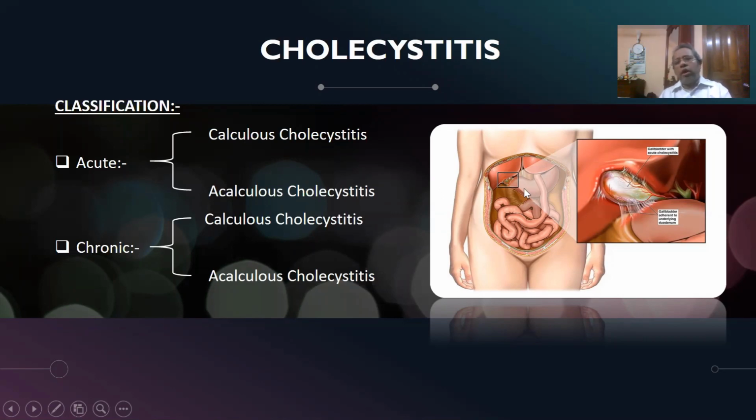So look at the picture. This is the gallbladder, which is attached with the underlying structures of the stomach and duodenum. There is some fiber-like, fibrinous adhesion there. So this indicates there is an inflammation, because whenever there is inflammation, there is exudation. The exudation forms fibrin threads.